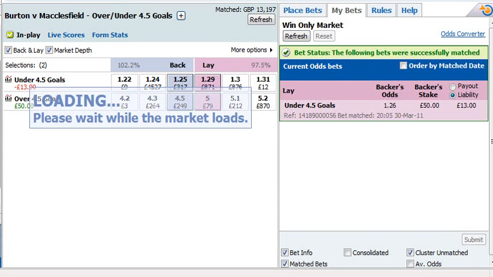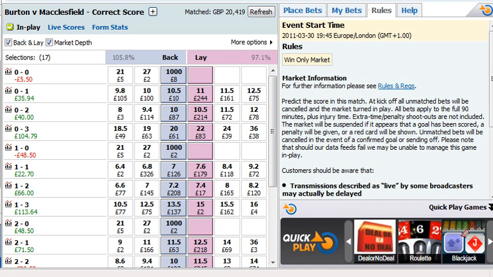And I must now remember to factor that in to all the other red scores I've got. Consequently, I need to deduct that £13 red from any particular profit on those green score lines that you see.